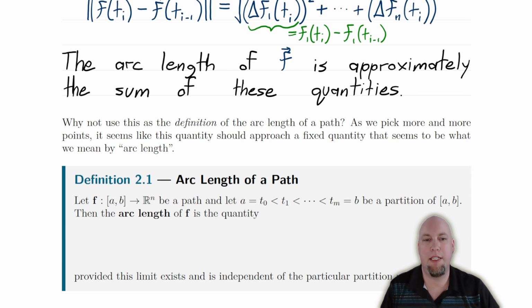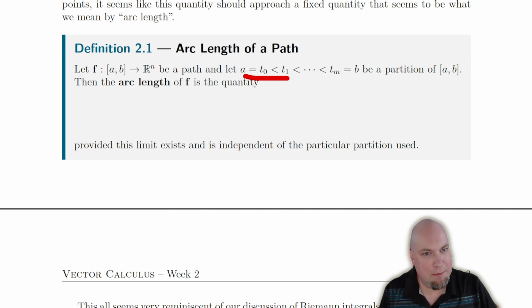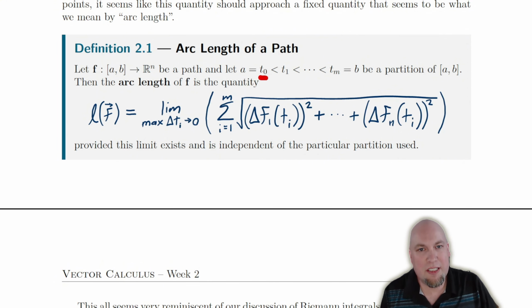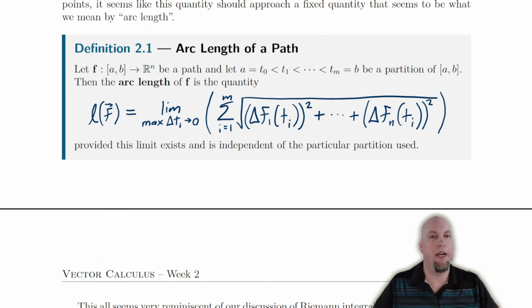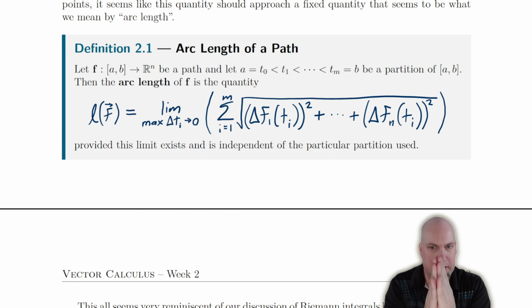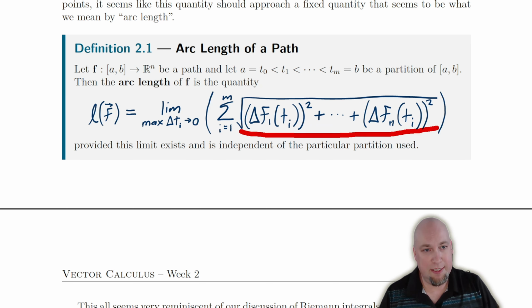So I'm going to say the arc length of a path is what you get if you partition the domain [a, b] into m subintervals, and then take the limit as the largest subinterval width goes to 0. In other words, all of those subinterval widths are going down to 0, and then you compute the limit of the sum of those straight line distances that we computed above.